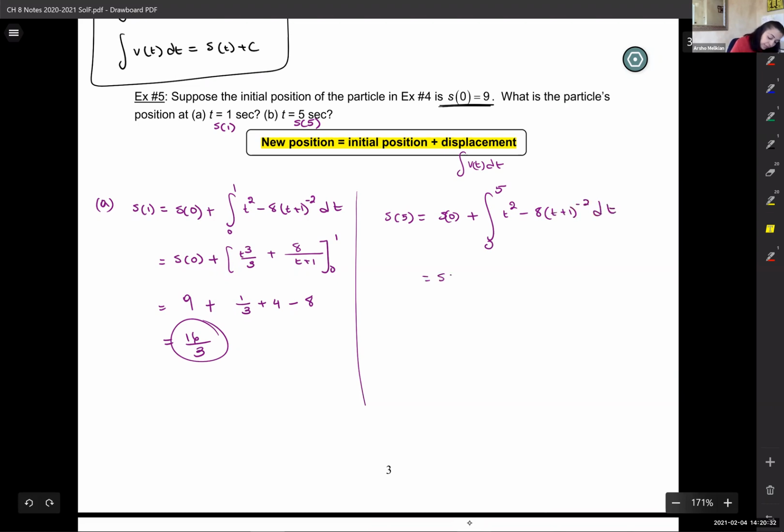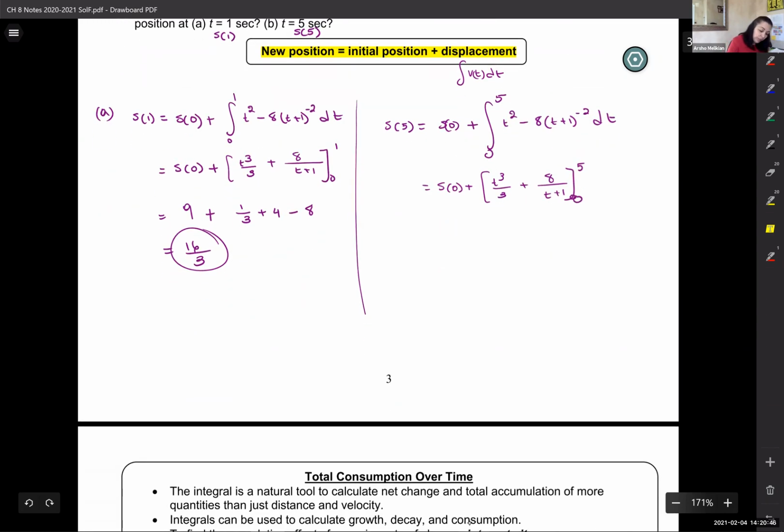So this is s of 0 plus the same function, this time from 0 to 5. So I get 9 plus 5 cubed over 3 plus 8 over 6 minus 8. And that is 44.